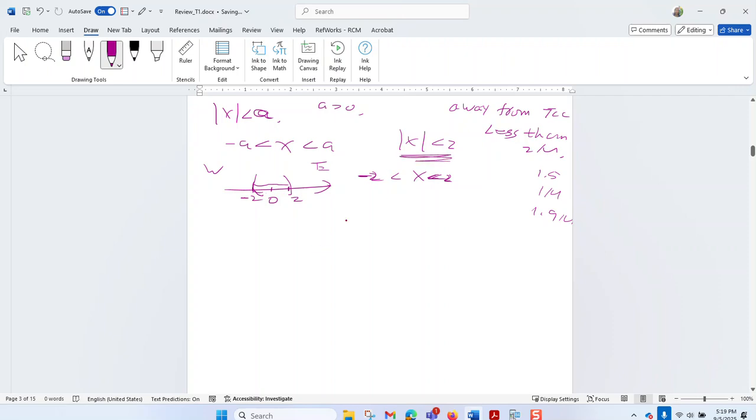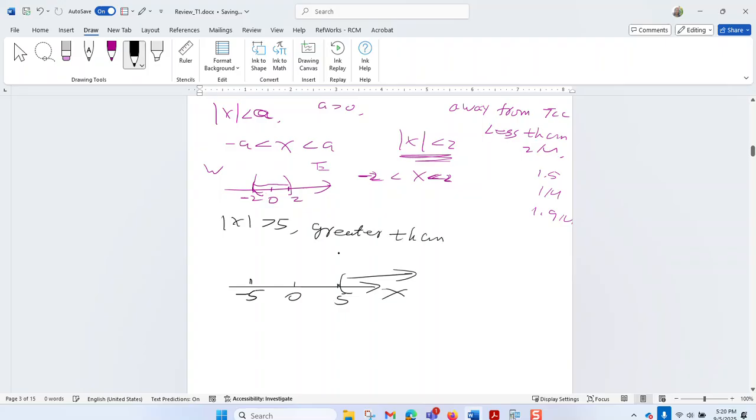On the other hand, if I have the absolute value of x greater than 5, what does that mean? Well, greater than 5, how do I graph this one right here? So I'm going to have a negative 5 in here, positive 5 in here. What is greater than? We usually just think it's more than 5 miles.